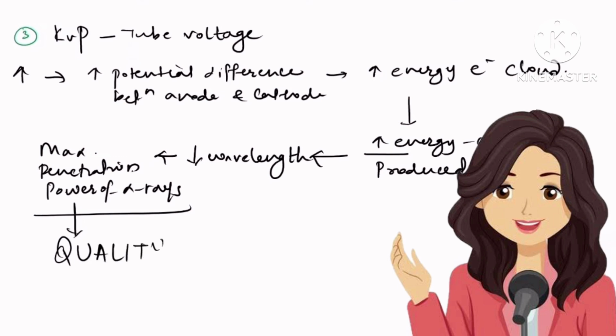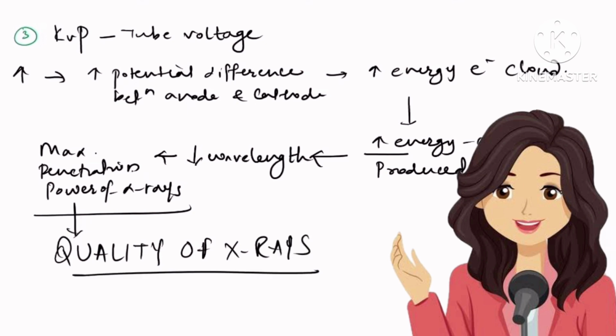So an MCQ regarding this: quality of X-rays is controlled or influenced by KVP, which is tube voltage. All right. I hope you understood this.